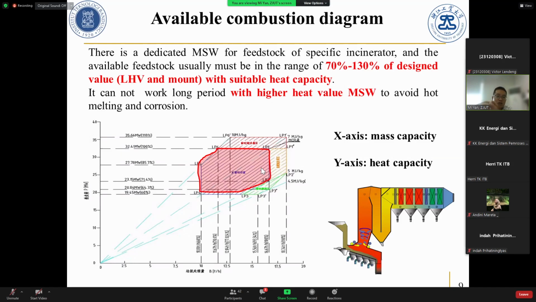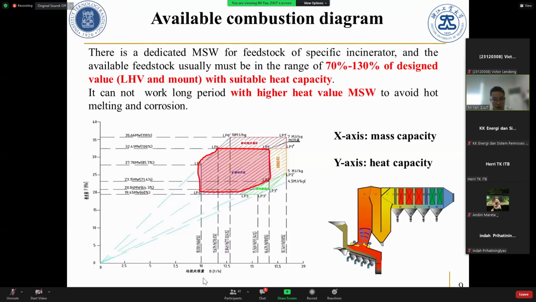When the LHV is higher, we reduce the amount. We just keep the heat load in the incinerator or furnace stable, at some reasonable level. So LHV times amount should equal the design heat load for the volume of the incinerator.